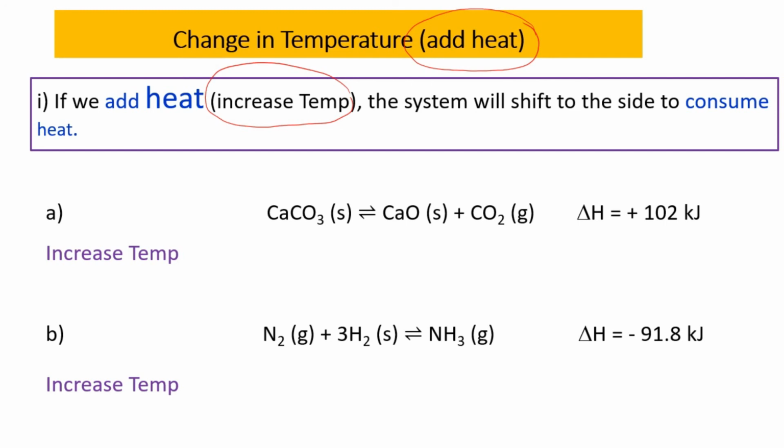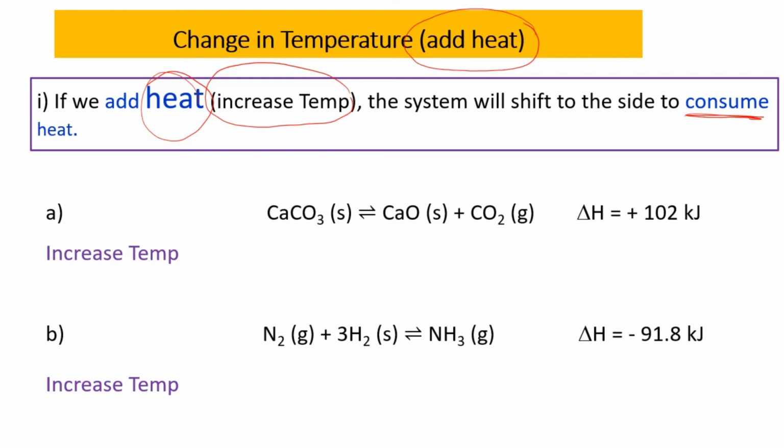The system will consider this a disturbance, a stress, and will try to shift to the right or to the left, whichever side, to consume the heat and offset the change.